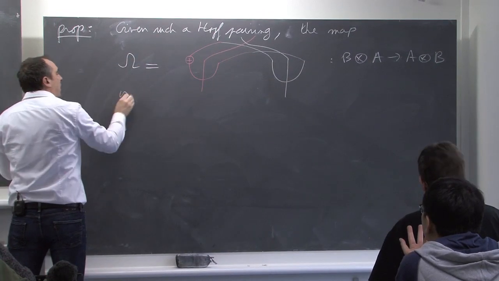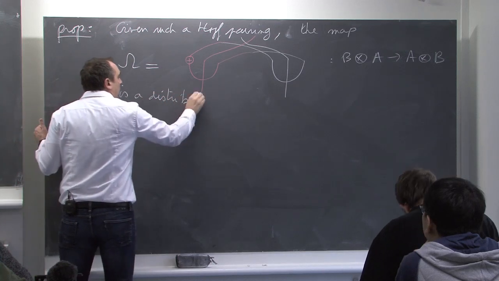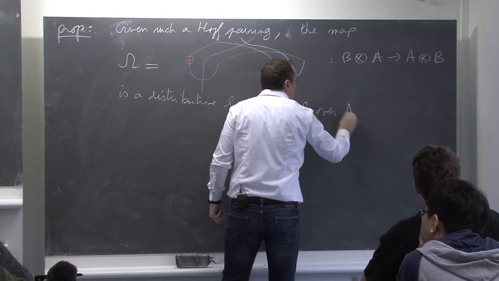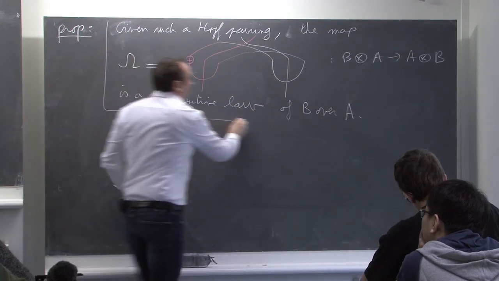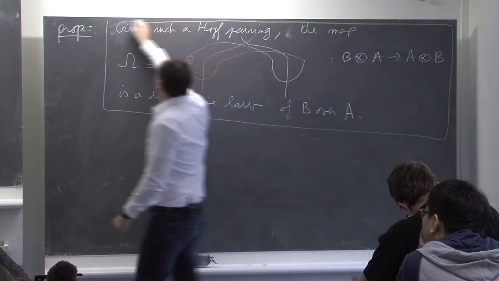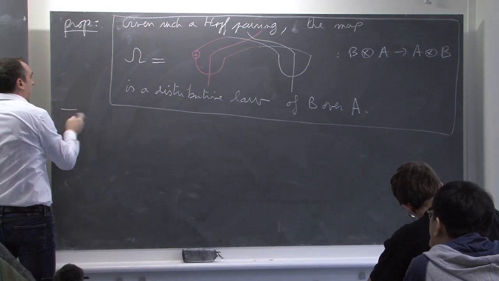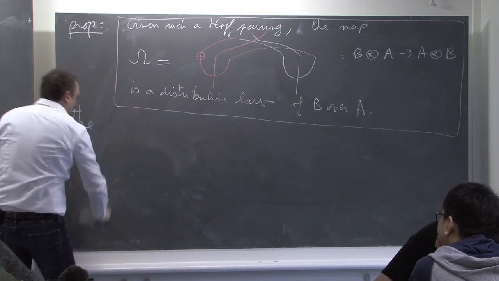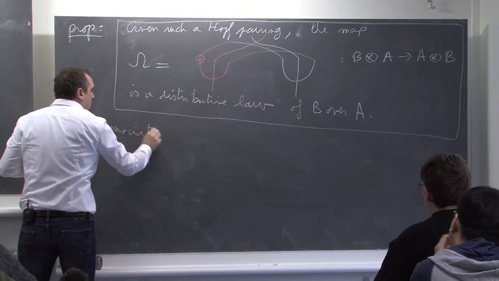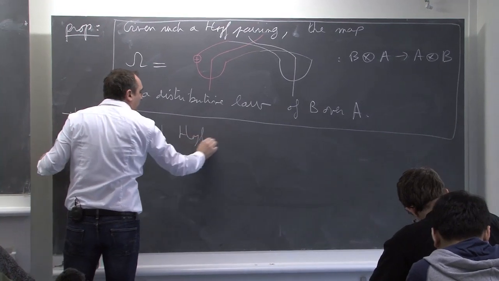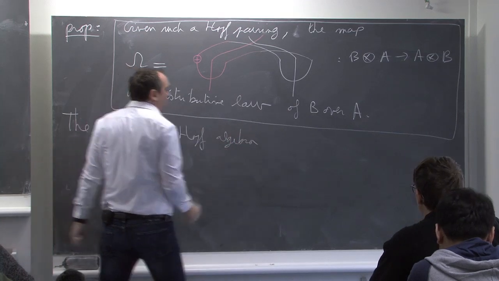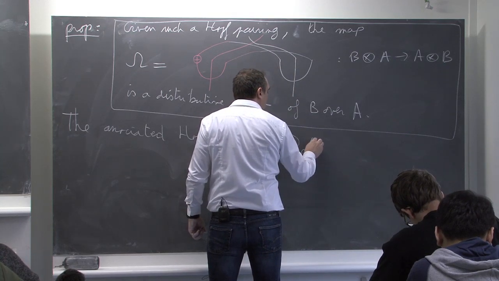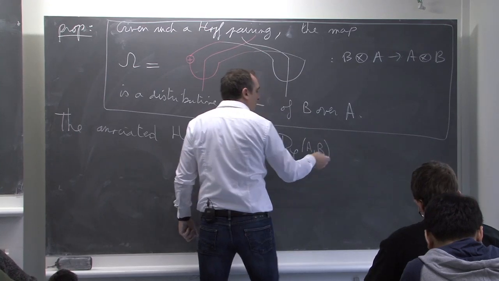And the key fact is this map is a distributive law of B over A. And before proving it, I will say that the associative algebra I will denote like D phi, AB. Okay.